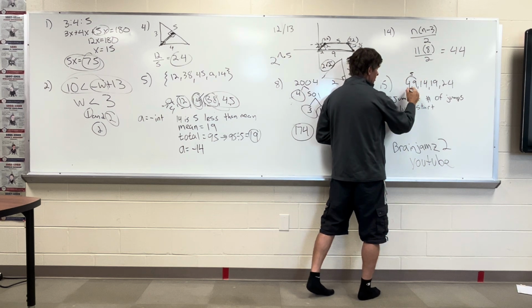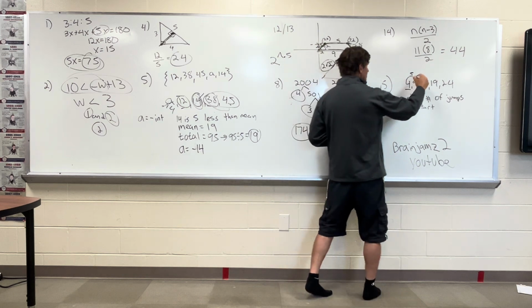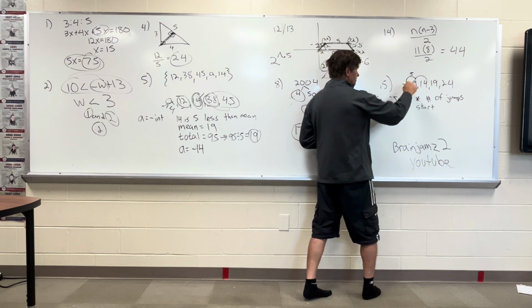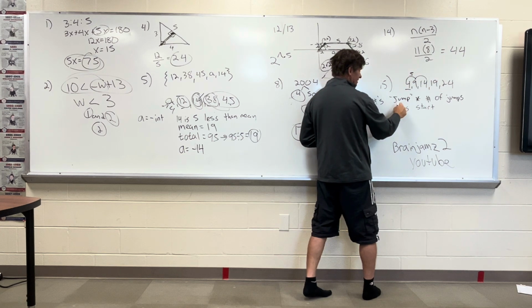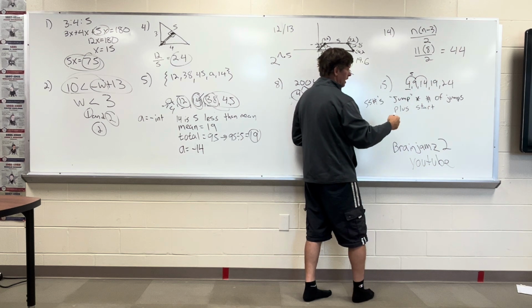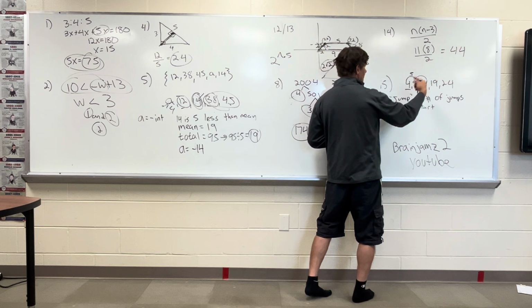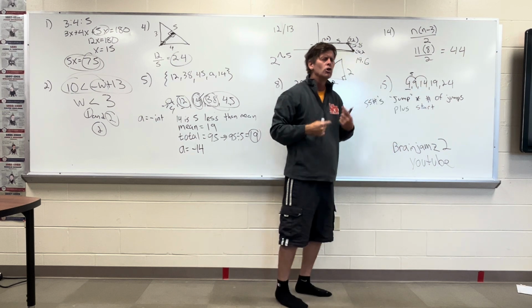Plus the starting number, 4, is 9. The third number, 2 jumps, 2 5s, so it's 5 times 2, the distance of the jump times the number of jumps, okay? 2 times 5 is 10, plus the starting number, 4 is 14.